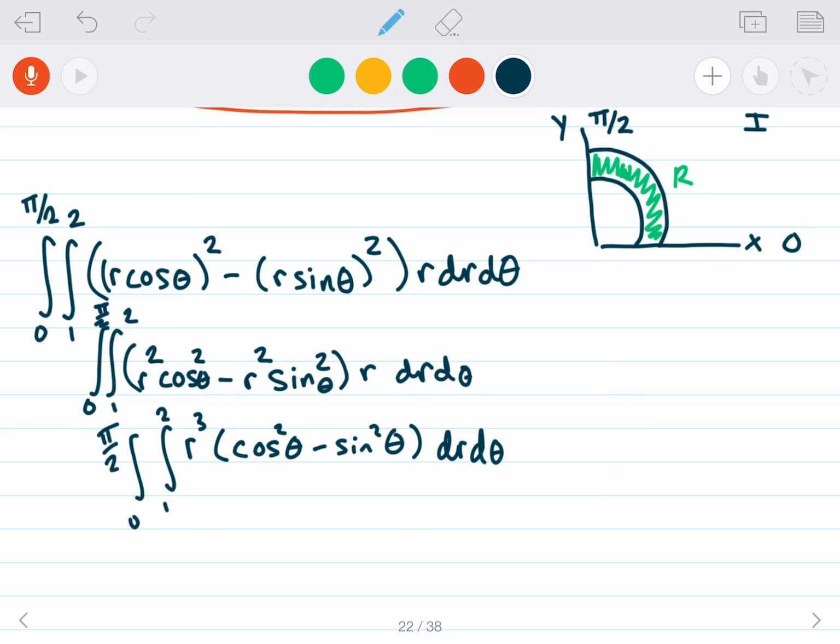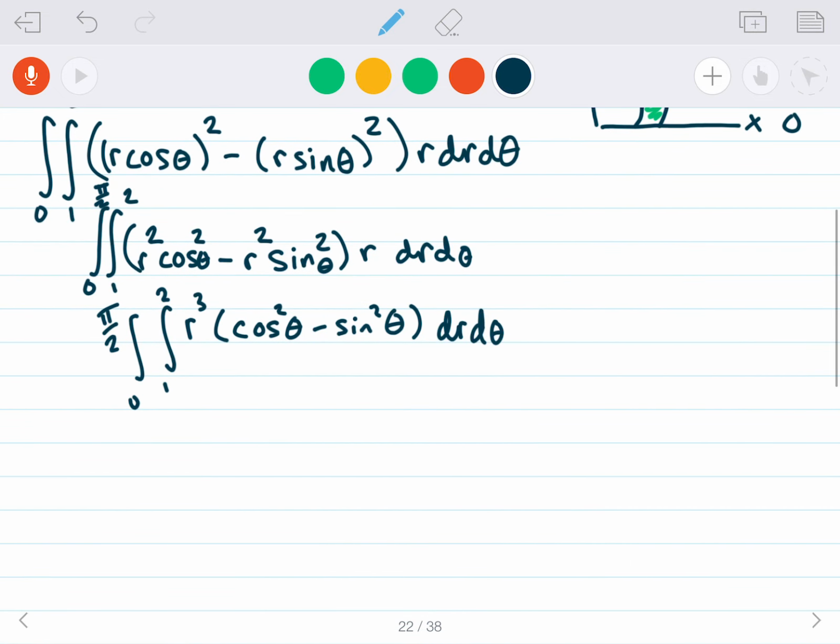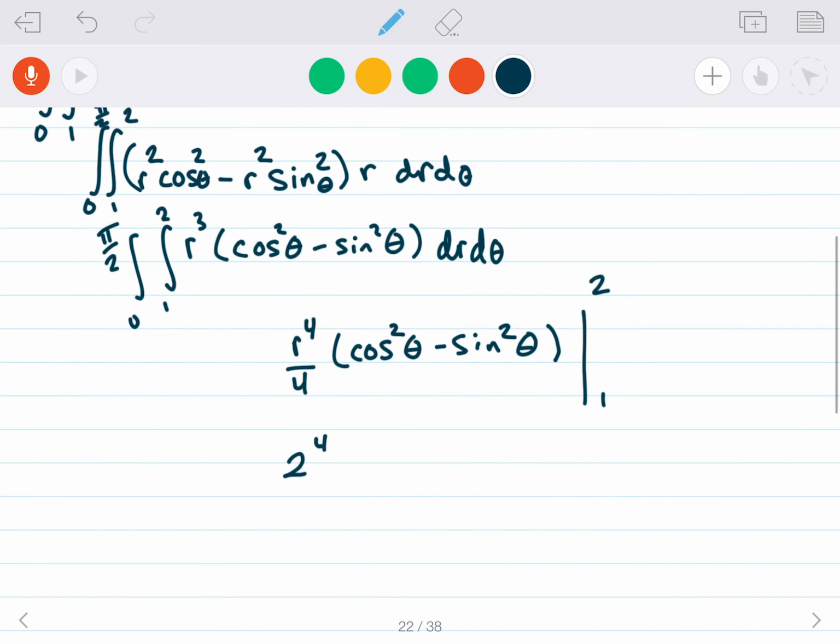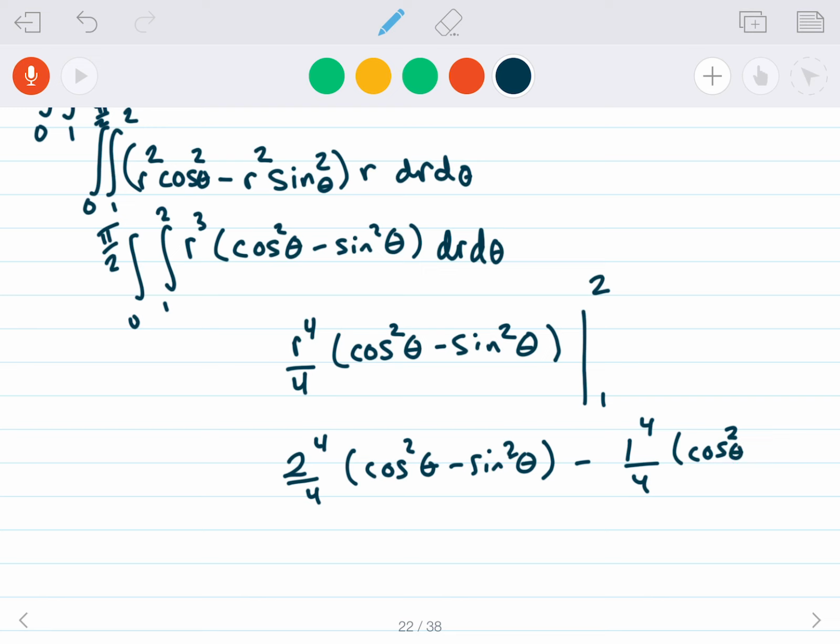So let's integrate with respect to r first. When I do that, I just get r to the 4th over 4, and this cosine squared minus sine squared is simply a constant. I'm going from 1 to 2. So 2 to the 4th over 4 times cosine squared minus sine squared, minus 1 to the 4th over 4 times cosine squared minus sine squared.